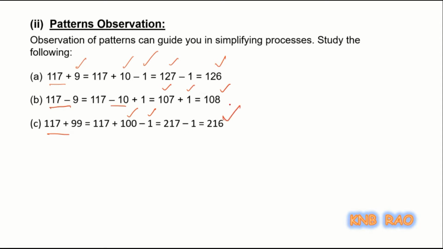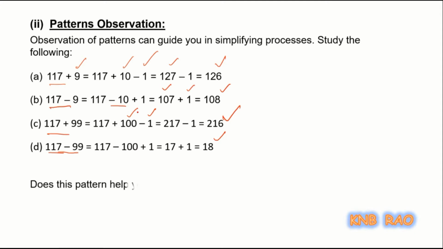So, this is one logic to do additions quickly even without pen and paper. Subtracting 99 from any number is just taking away 100 from it. In this case, 117 minus 100 is 17 and we have taken away an extra 1, so add that, it gives 18.